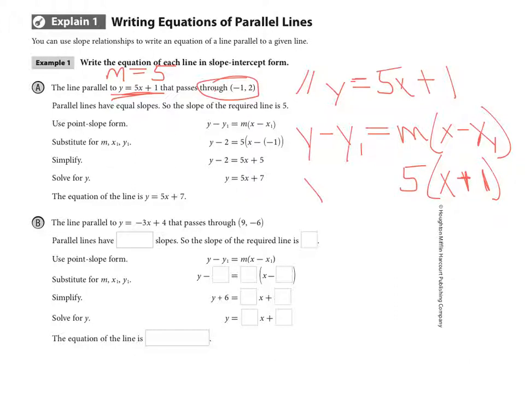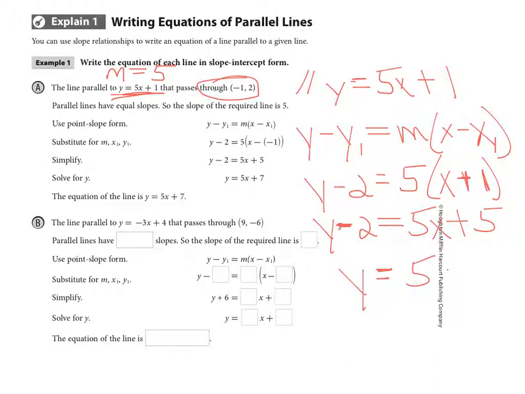And I have y minus 2. And so to finish it, y minus 2 equals 5x plus 5. If I add 2 to both sides, I end up with y equals 5x plus 7. And there is my slope-intercept form of that equation.